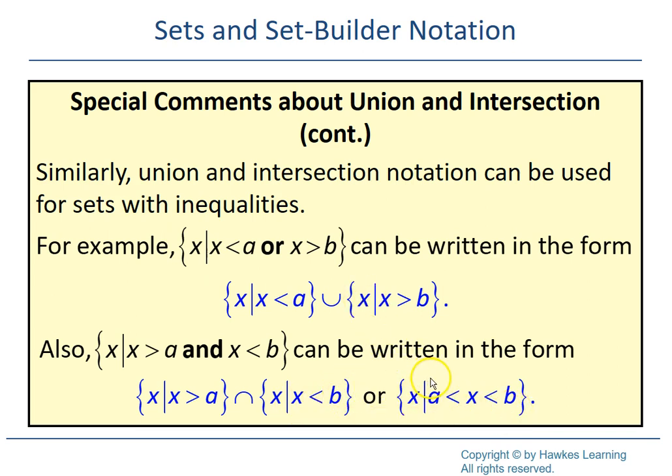Now, I wouldn't expect you to remember these, but I would expect that you know what they stand for. Particularly this symbol, the intersection symbol, the union symbol, and of course you're familiar with the inequality symbols.